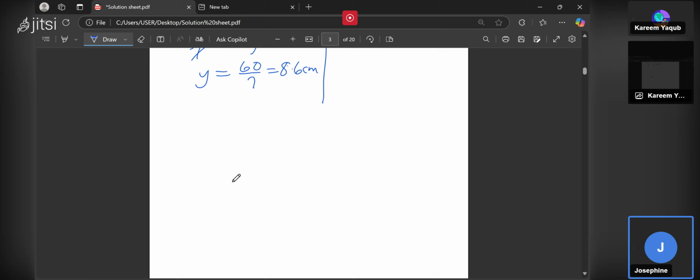Can I send it to your WhatsApp? I don't understand what's going on there. Is it on this topic? Area of similar shapes. Bring it.